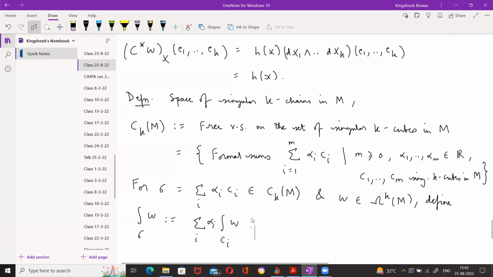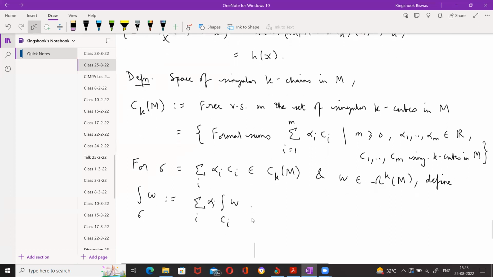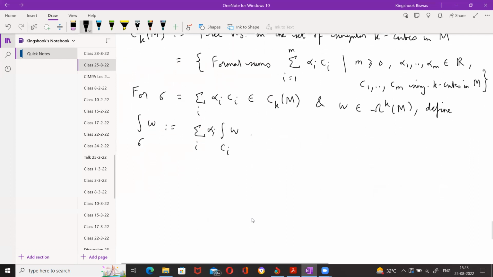Okay. So what does this give us? Therefore, each k-form omega gives what's called a singular cochain, the integral of omega, which is an element of the dual space of the space of k-chains.